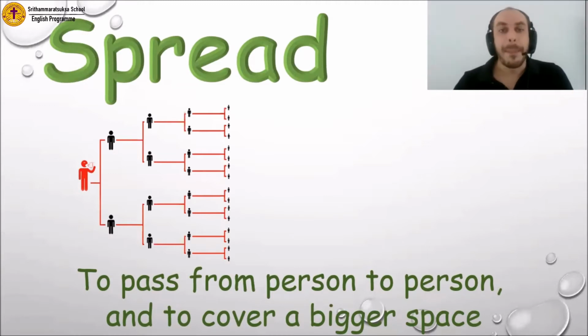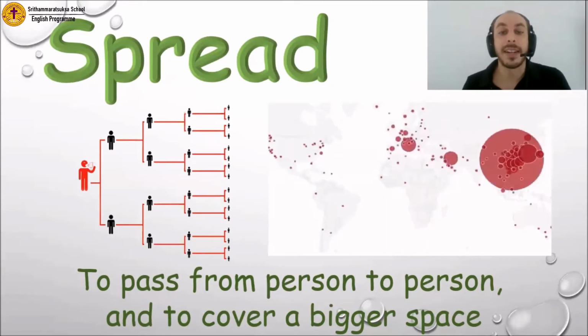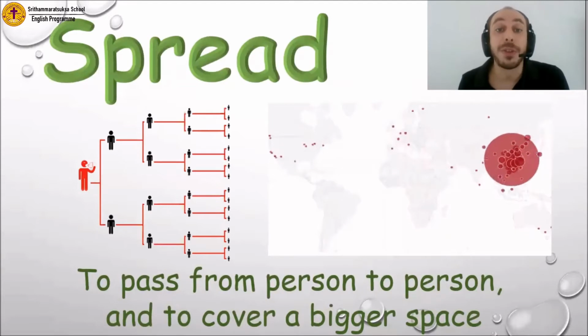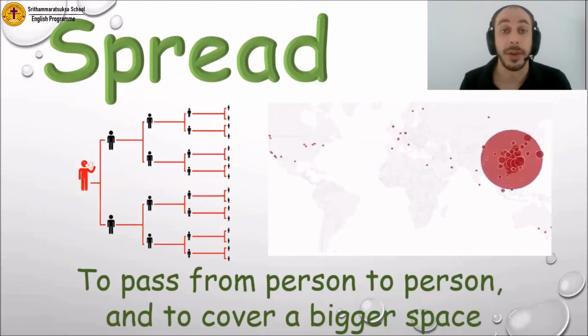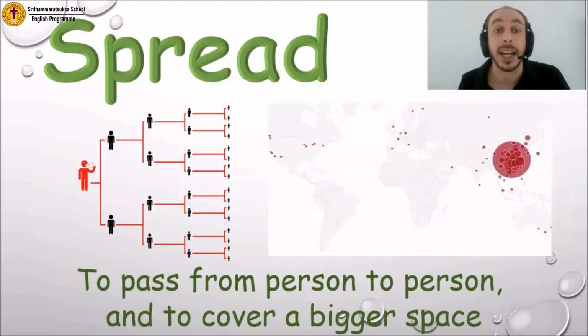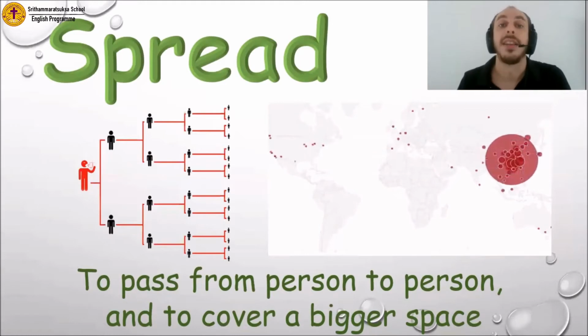If we look at the map of how this happens, the virus might start in one country or one city, and then people traveling can spread it to other countries. So if someone in China started with the virus, then they fly to America, they have spread the virus from China to America. So this is that word spread.